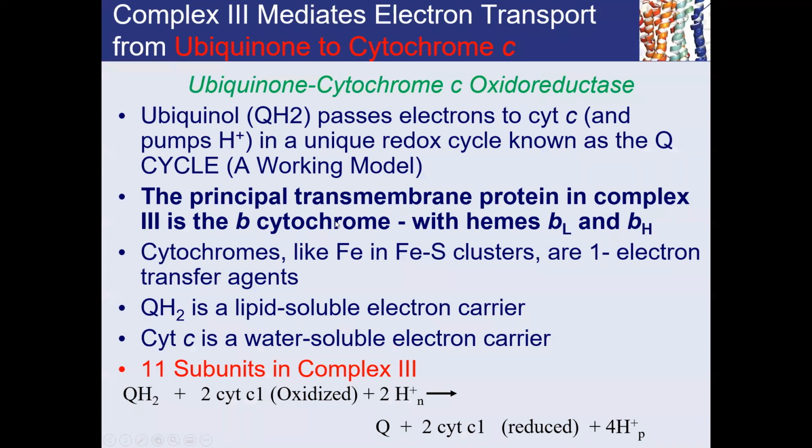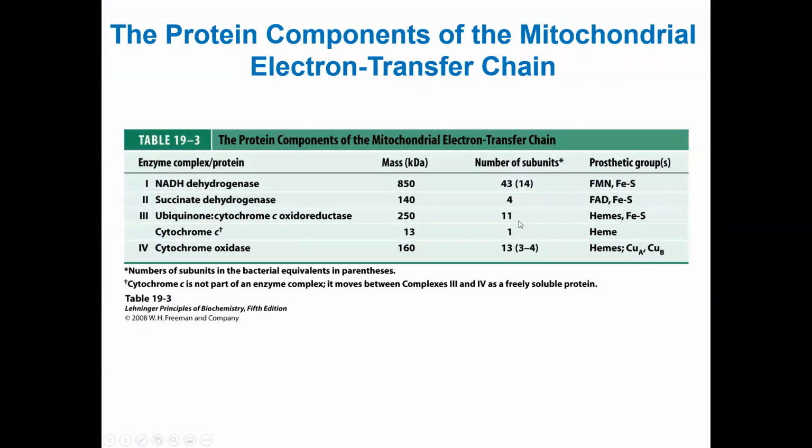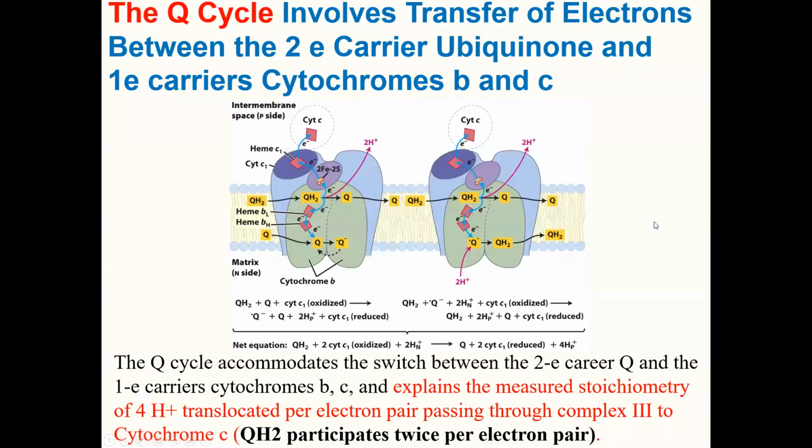Remember, this complex has 11 individual peptide units, right? And it has the prosthetic groups as hemes and iron sulfur center, right?